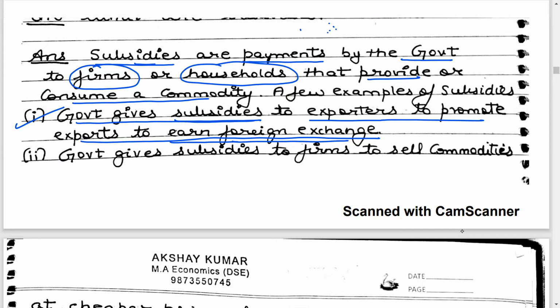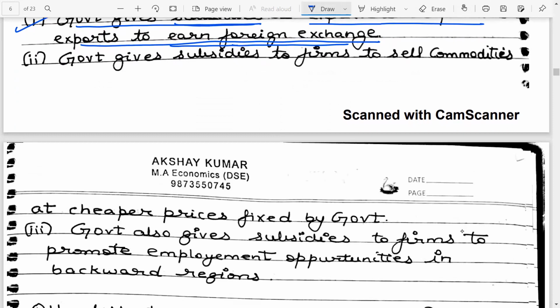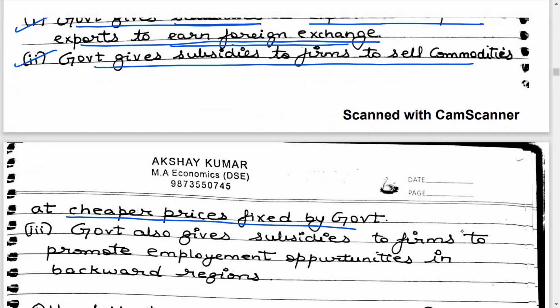The next reason: the government also gives subsidies to the firms to sell commodities at cheaper prices fixed by the government. Suppose the government decides that certain essential commodities like kerosene and all the basic food grains should be available to the consumer at a cheaper price.